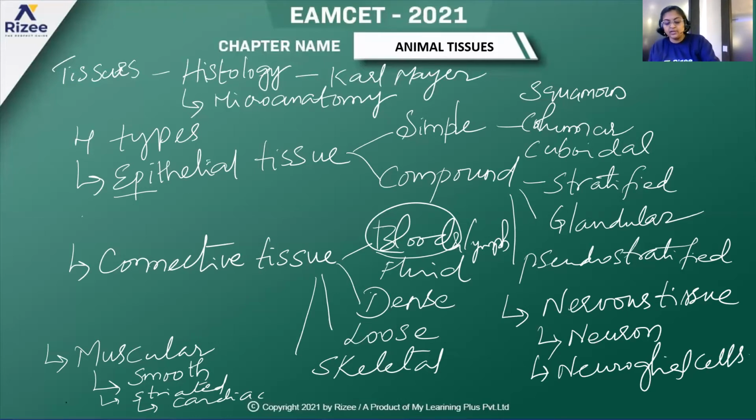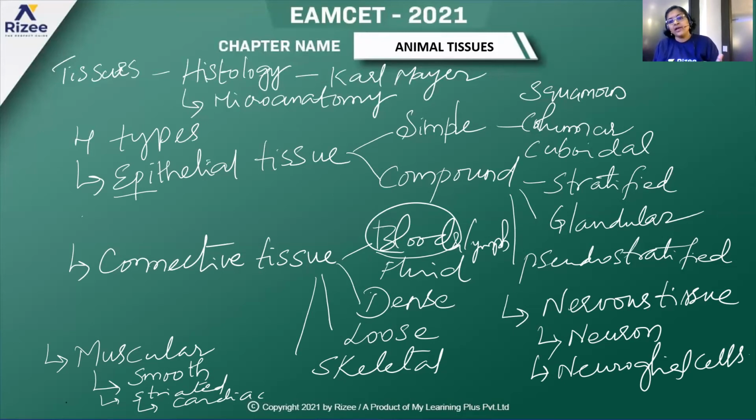The simple epithelial tissues are categorized based on the shape of the cells into simple squamous, simple columnar, and simple cuboidal epithelial tissues. Coming to the compound, we have compound stratified epithelium, compound glandular epithelium, and compound pseudostratified epithelial tissues.